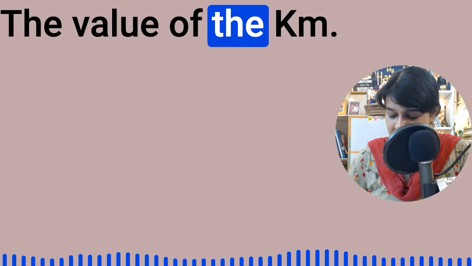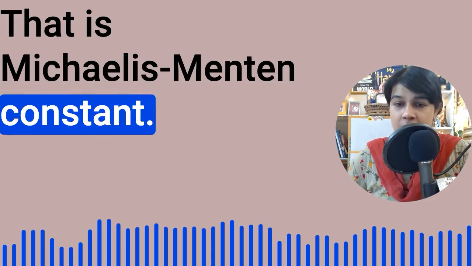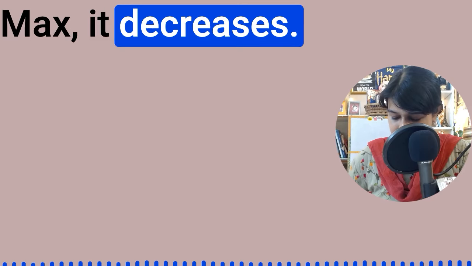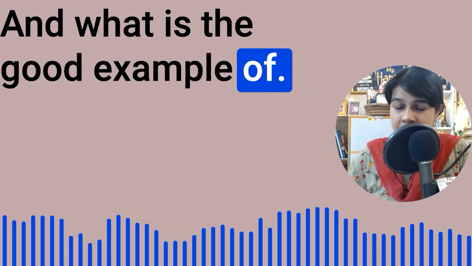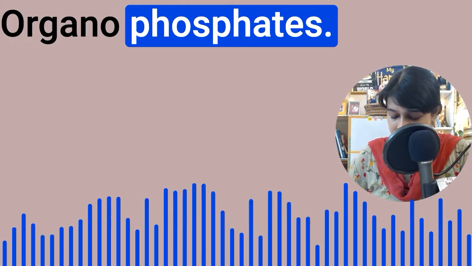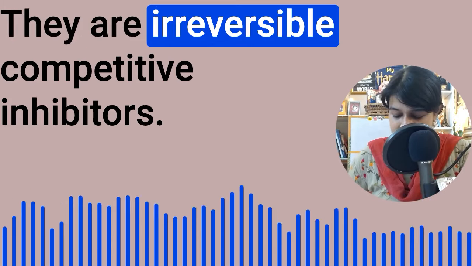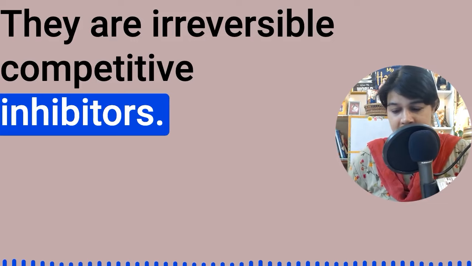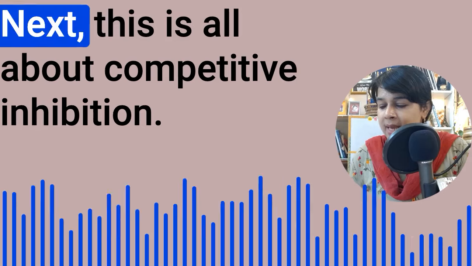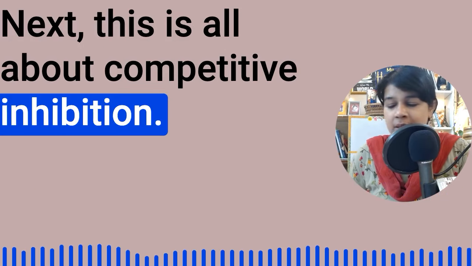The value of the Km, the Michaelis-Menten constant, rises, and the maximum reaction velocity, Vmax, decreases. And what is a good example of irreversible competitive inhibition? Organophosphates. They are irreversible competitive inhibitors. I hope it's clear.